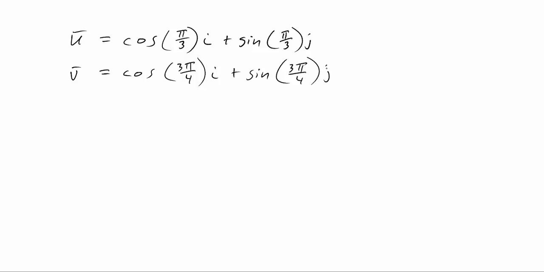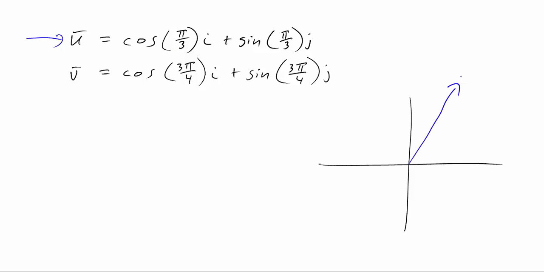And this is going to be really easy if you think about it. If we look at a picture, if we look at u, that's located at pi over 3. Well, pi over 3 we know is roughly right about here. So here's this vector. And then if we look at v, which is 3 pi over 4, that's going to be over here. So if we're trying to find this angle theta that's between the two vectors, how can we do that?